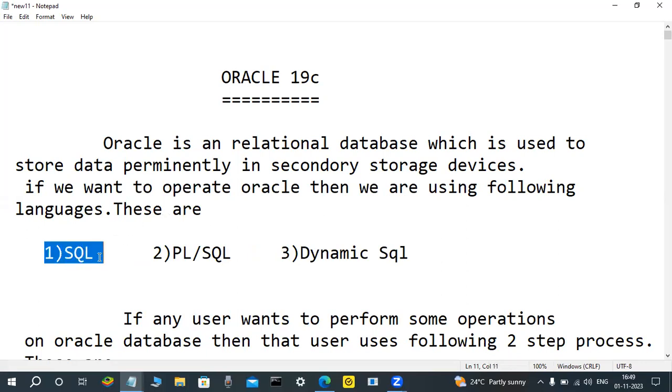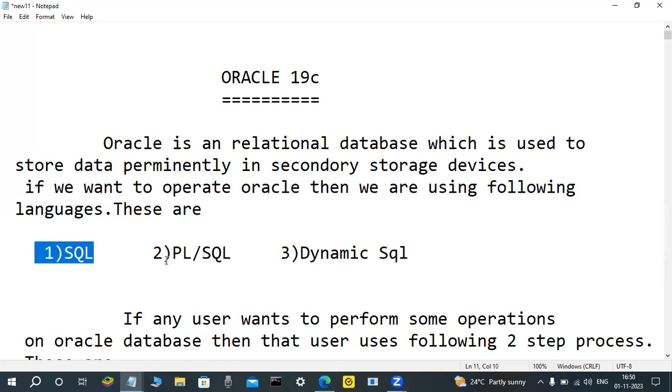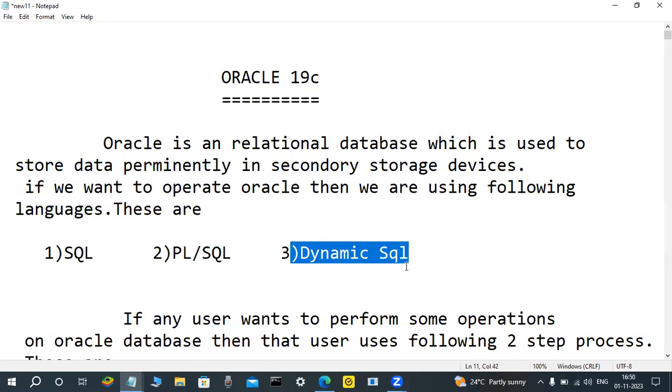These are: first one SQL, second one PL/SQL, third one dynamic SQL.